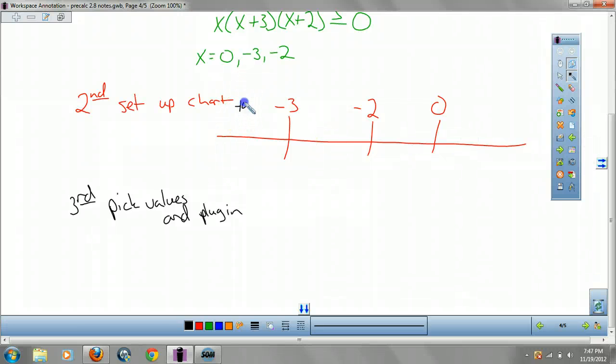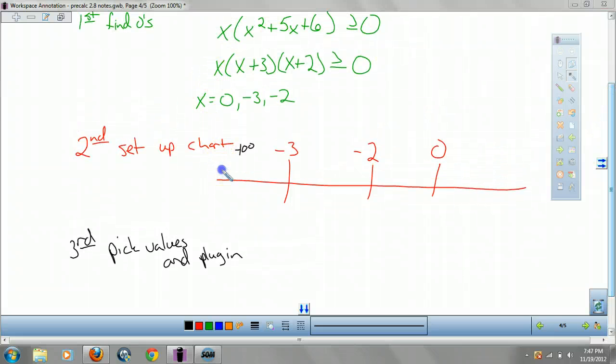So I'm going to plug in negative 100. Well, negative 100 is negative. Negative 100 plus 3 is negative. Negative 100 plus 2 is negative. Negative times a negative times a negative is equal to a negative.